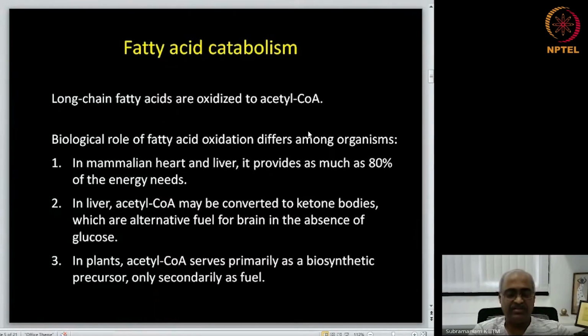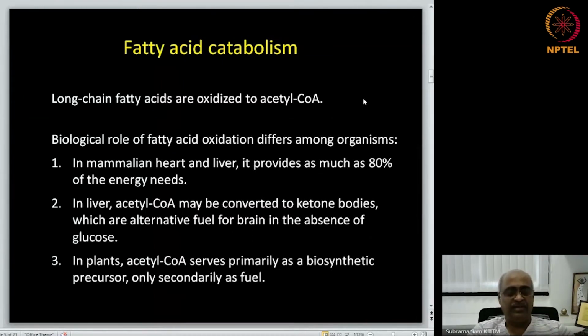Acetyl-CoA will enter the TCA cycle, will become fully oxidized to carbon dioxide, and in the process we would have produced reducing equivalents in the form of NADH and ATP, and using that, energy will be made. So acetyl-CoA we very well know. Therefore all that summary about fatty acid catabolism is: fatty acids become acetyl-CoA.